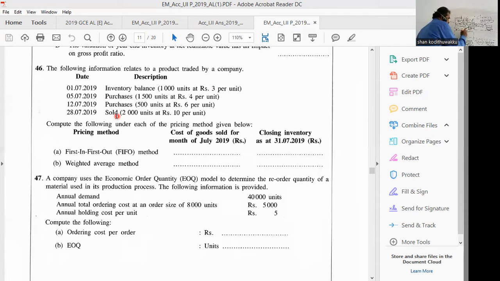Therefore, you take 2,000 into 4, 8,000. The cost of goods sold is 8,000.